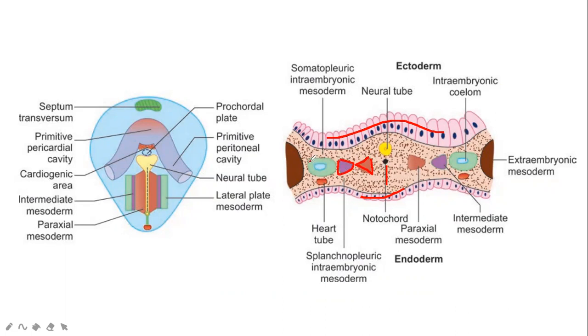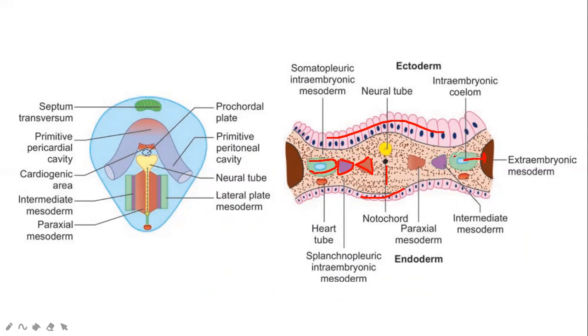And then lateral to that, we have the lateral plate mesoderm. Within the lateral plate mesoderm, a space will form, which is called the coelom. This space will move laterally until it gets in contact with the extra-embryonic coelom as well.